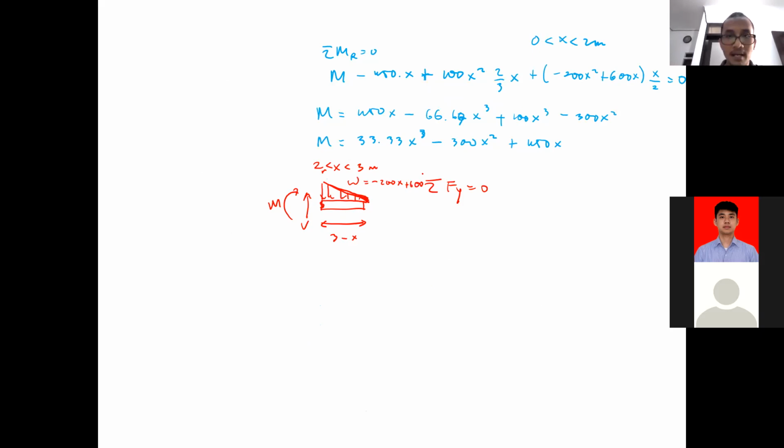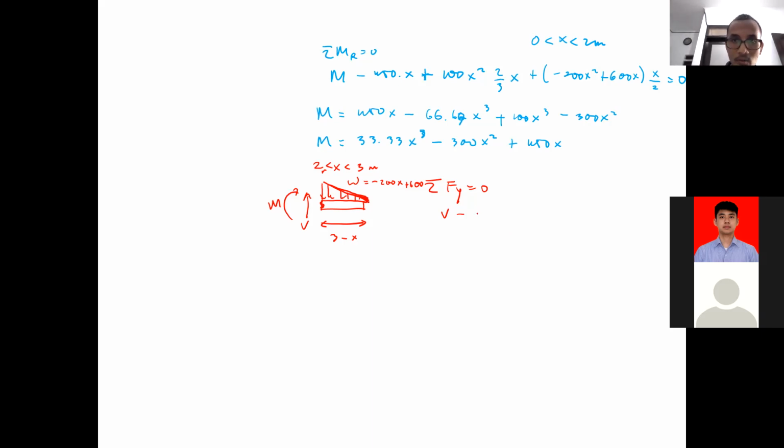Okay, using sigma Fy equal to 0, what will we get here? Timothy, what will we get here? V. Yeah, V. V minus the area of the triangle. So W multiplied by the 3 minus x, right? Yes.